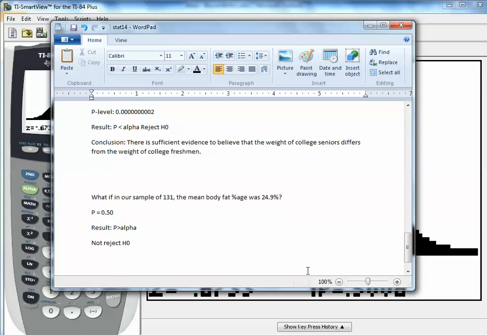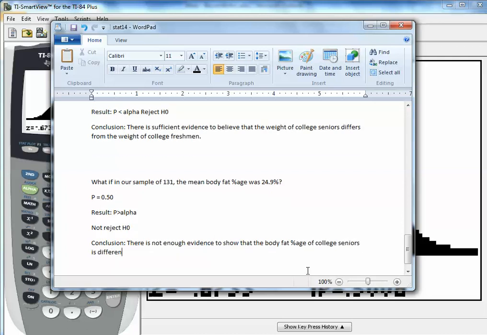The conclusion from that is that there is not enough evidence to show that the body fat percentage of college seniors is different from that of freshmen.